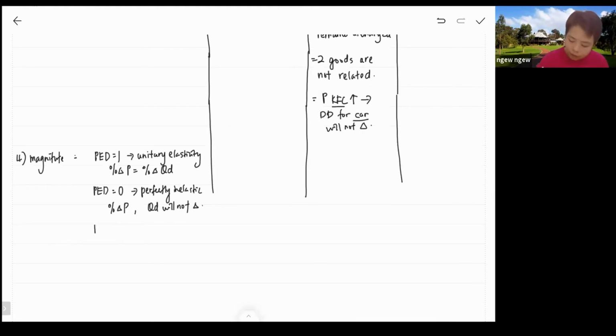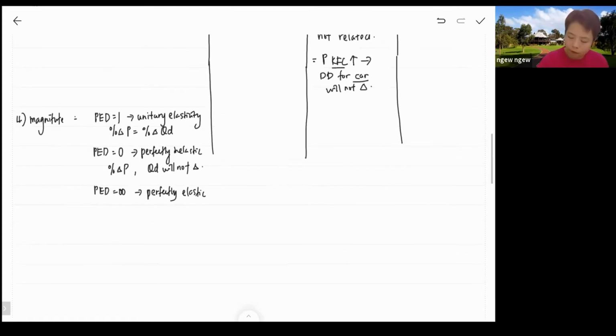And we have another case, we call it PED equals infinity. This is perfectly elastic demand, where regardless of the changes in QD, price will not change.